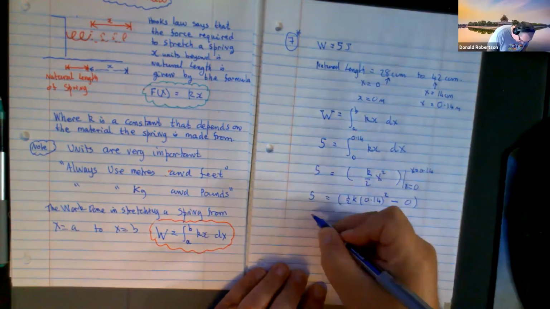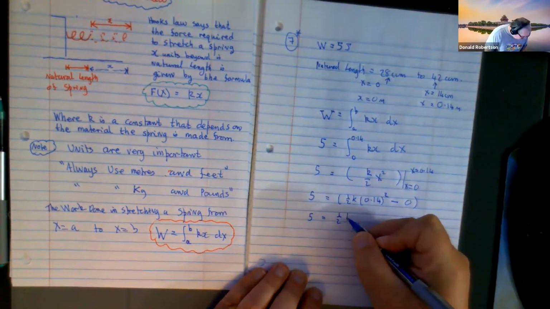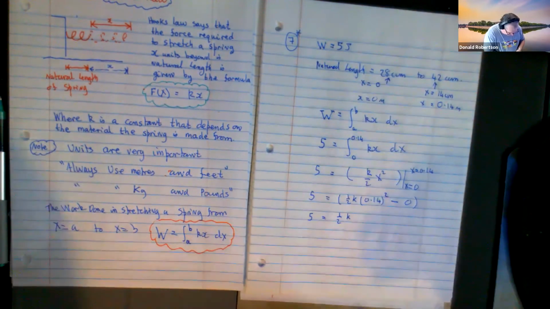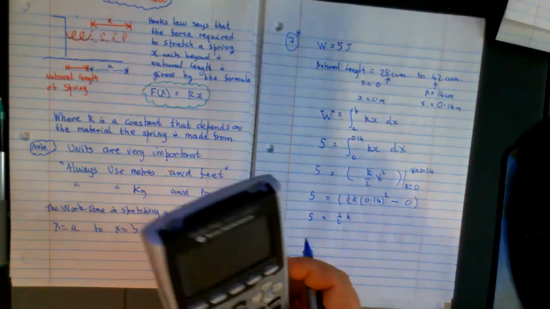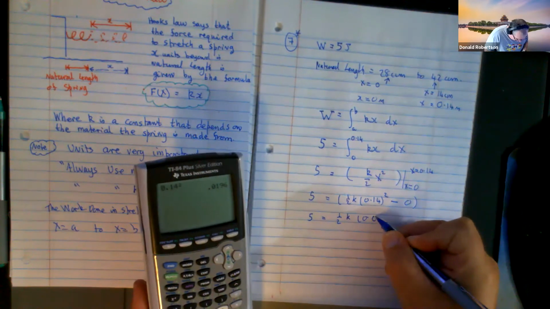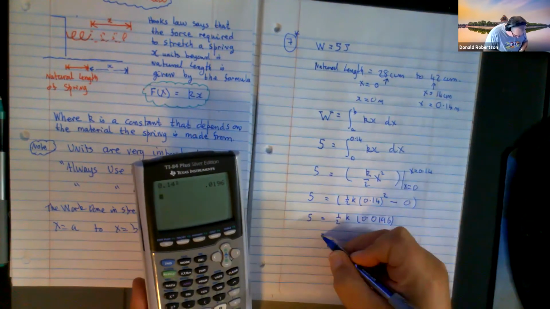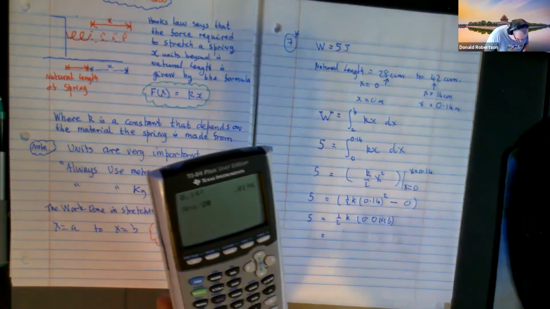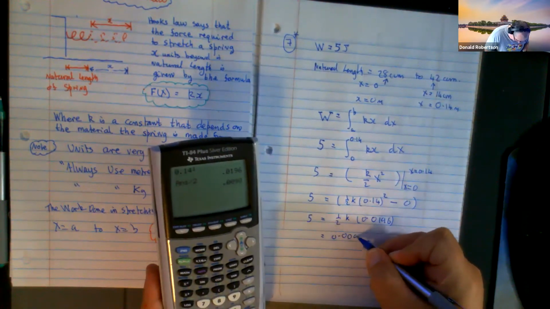So now we have 5 equals 1/2 k times 0.14 squared, which is 0.0196. And that in turn becomes 0.0098k.